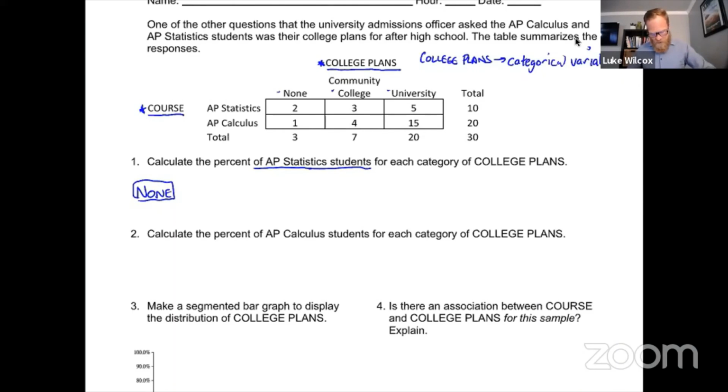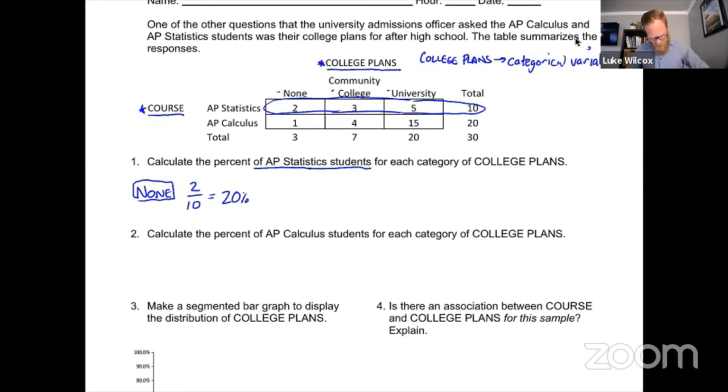So that means that I'm only looking at these values here, that very first row in the table. So the percent of AP statistics students that were none, well, that's 2 out of the 10 total, which is 20%. 20% for that first category.